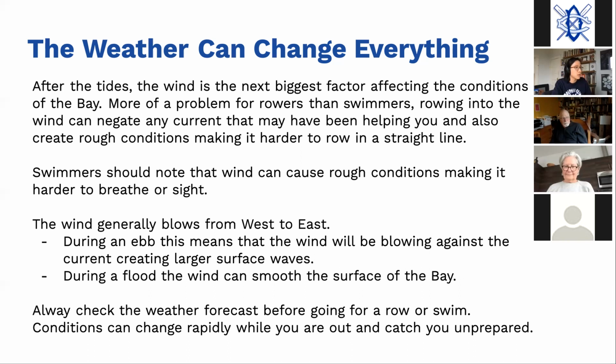As a swimmer, during an ebb, water is moving from east to west. The wind is moving from west to east, and that causes turbulence at the surface where they meet. So you get rough chop, that might affect your ability to breathe regularly. It might affect your ability to sight and keep track of where you are and where you're going.